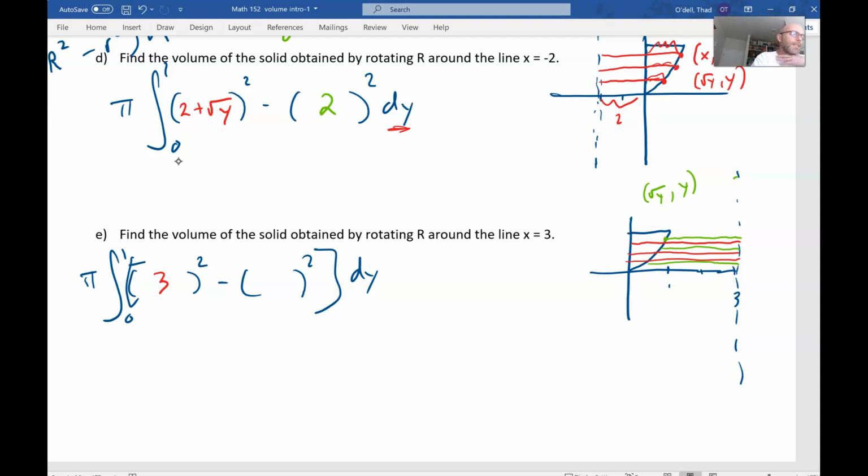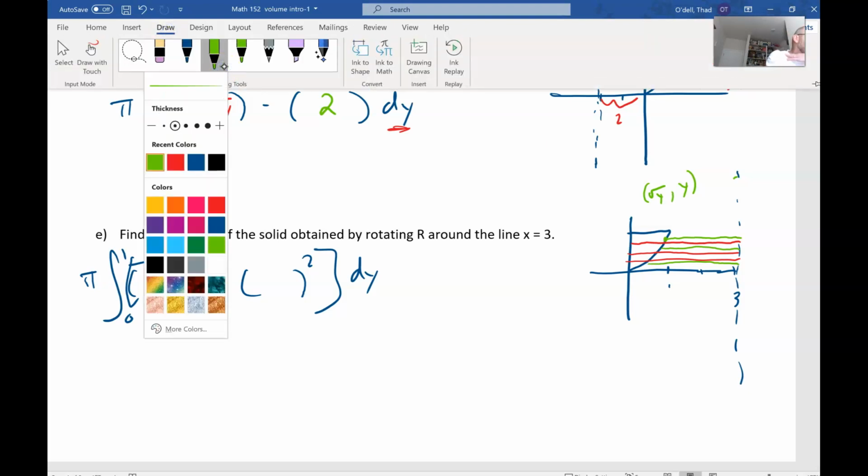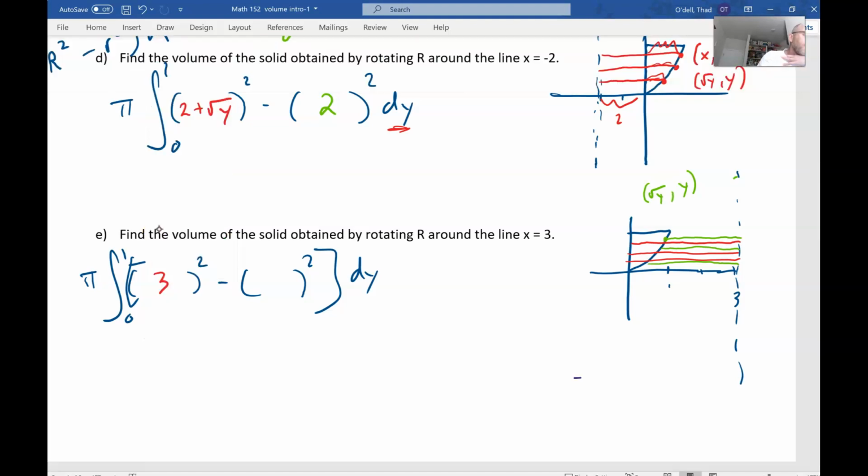So notice in this case, I really want this green distance here, which is not the x-coordinate. The x-coordinate is actually, let me grab a different color, purple. This square root of y is represented by that distance right there.